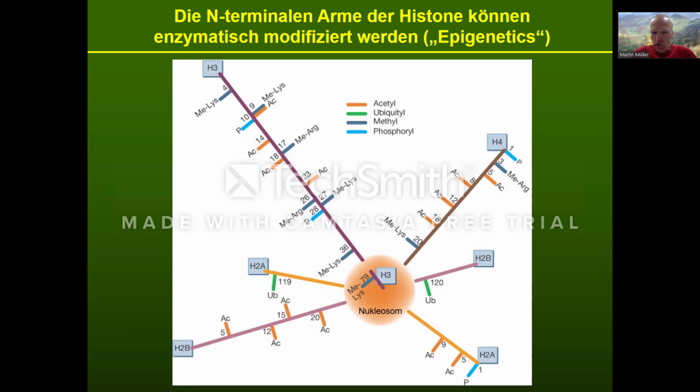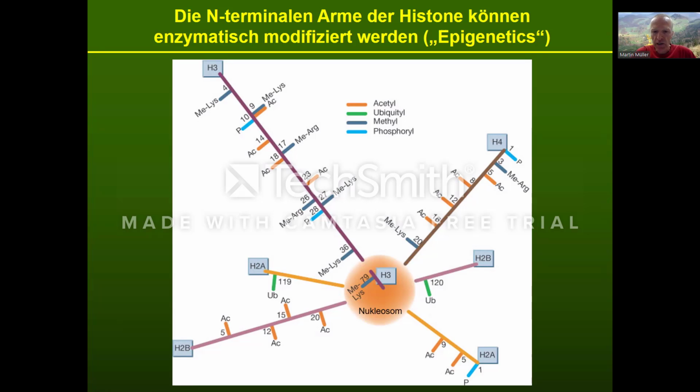histone modifications. And people realize now that these histone modifications are brought about by enzymes. So there are methyltransferases, but there are also demethylases. So these patterns are reversible, and they are linked somehow to cellular memory.